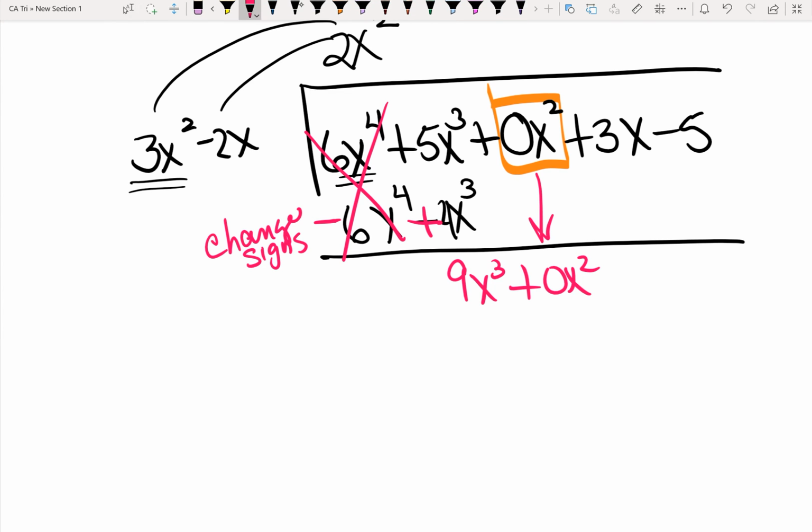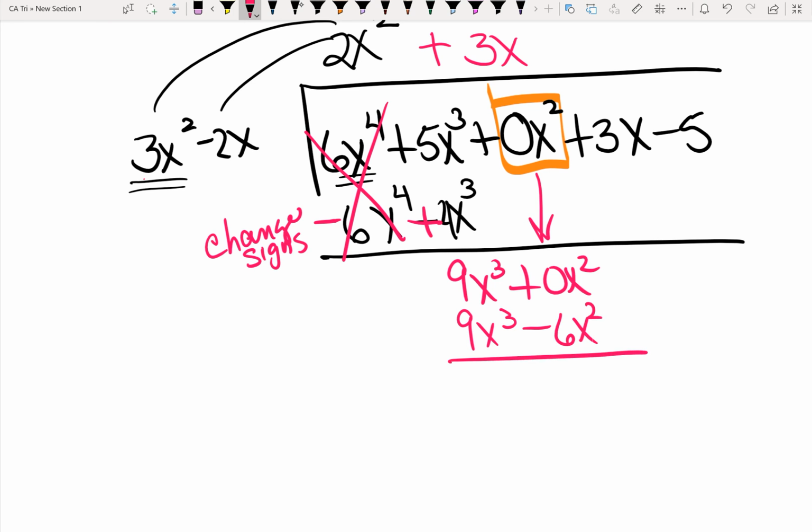Okay, what times the 3 is going to give us a 9x cubed? So if I did 3x, so if I did positive 3x and I distributed that, I would get 9x cubed minus 6x squared.